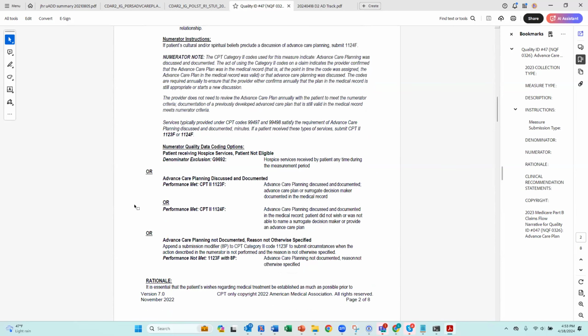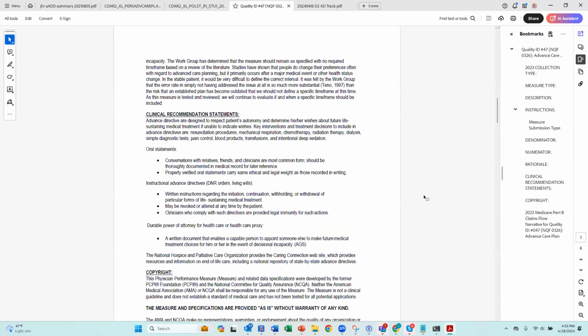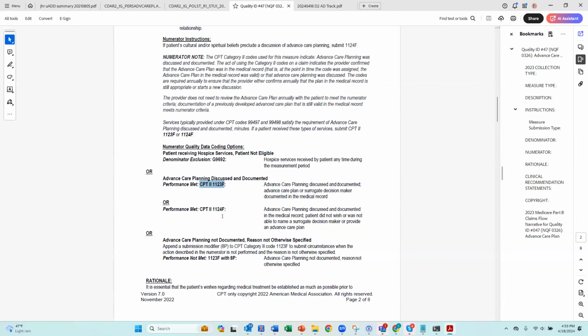Yeah, there's a G code there. Yeah, see, it says Advance Care Planning, CPT 2. I don't know. I'd look for that code though. Oh, there it is, 99497. See, service typically provided under CPT code, go above the one or 2 paragraphs.